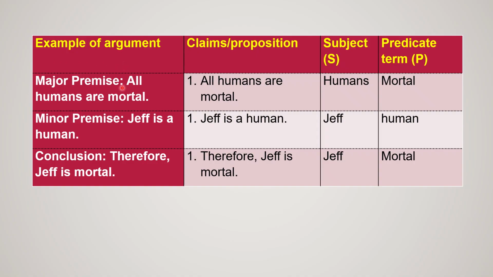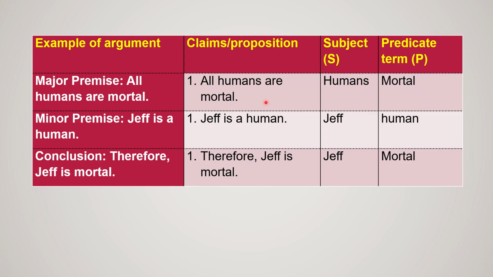We are going to look at what major premises are later on. We are also going to look at what a minor premise and a conclusion are. But before that, let us look at what a claim and a proposition are in depth, so that when you will be forming them, you will not be having a challenge.